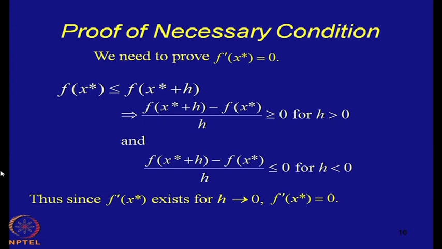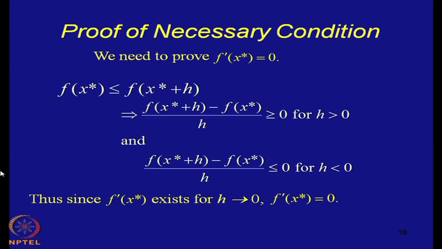Only when we are considering the ratios, that will just reverse. (f(x*+h) - f(x*))/h would be less than or equal to 0 for h greater than 0, and in the reverse case greater than or equal to 0 when h is less than 0.